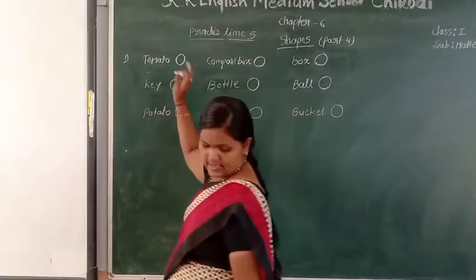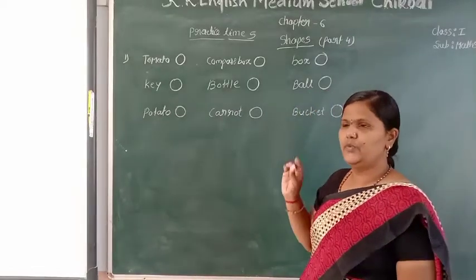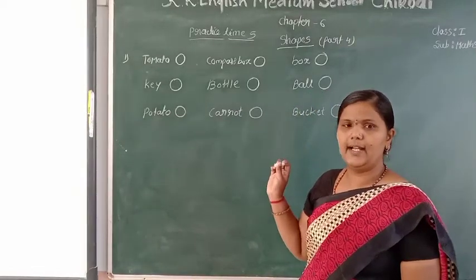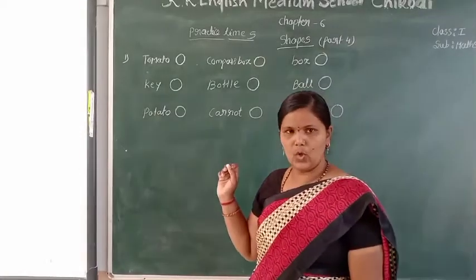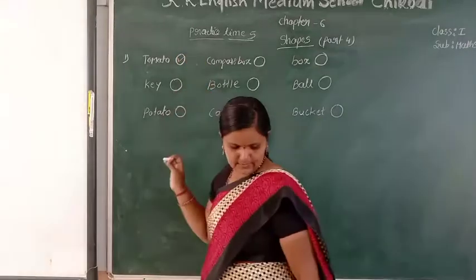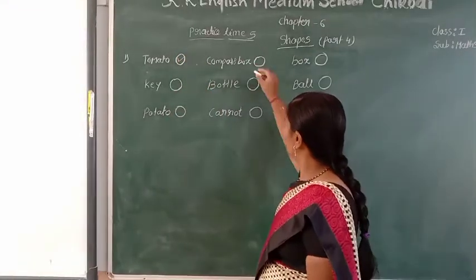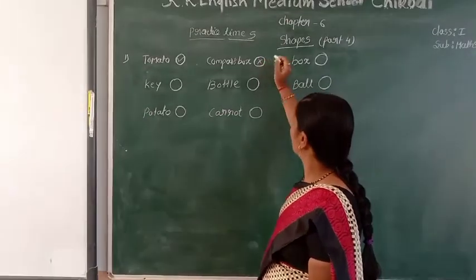First one is tomato. Is that a rolling object or sliding? If you push that tomato, it can roll. So you write a right mark here. Next, compass box, that is sliding, so put a cross mark.